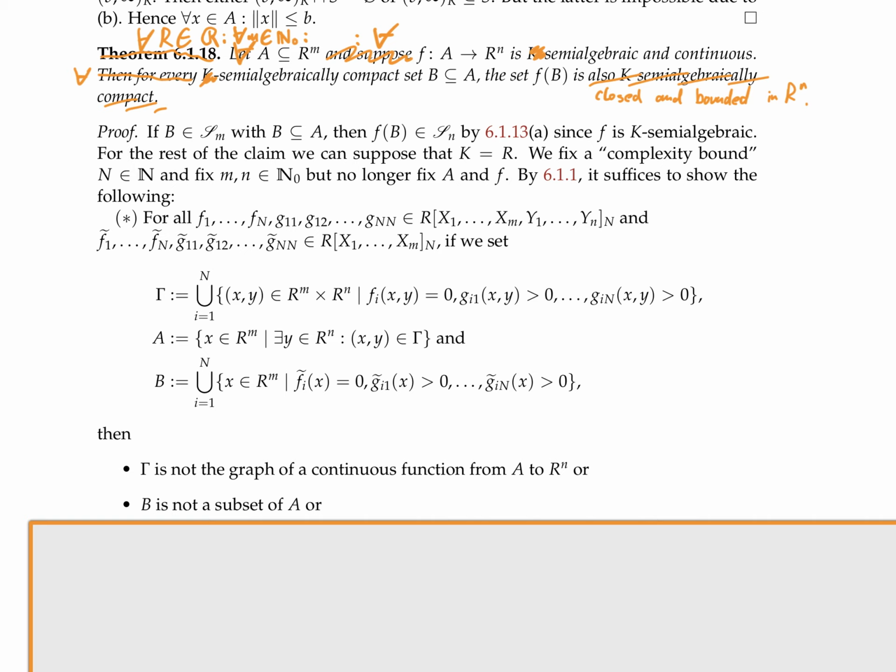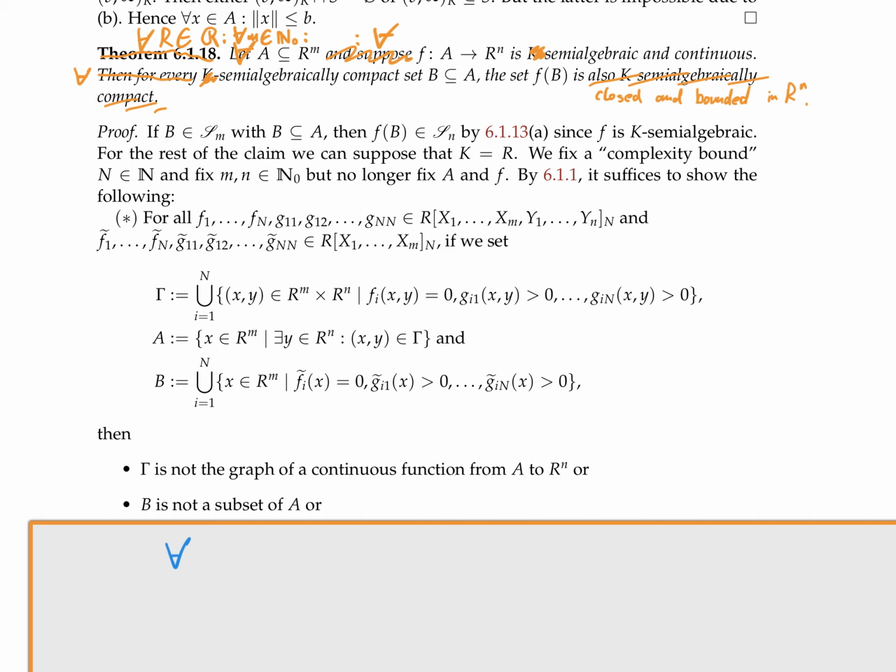You know, that's actually easy to do. That's something like saying, for each x, y, and so maybe it's a bit easier. I say that it is the graph of a function, and then you could negate this, right? That it is the graph of a function from A to R^n.